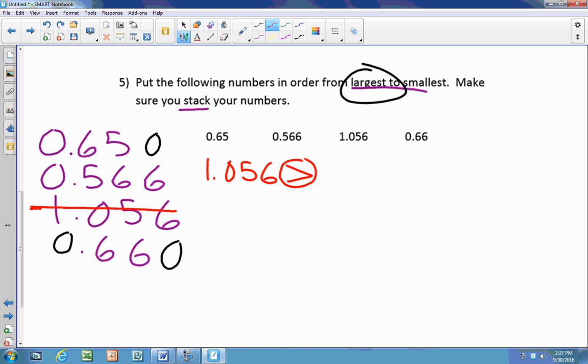Now I want to find the next largest. So I have all zeros in my ones place, so I go to my tenths. I have a 6, a 5, and a 6. So I have these 2 6s, and so after I do my tenths place, I have to look at my hundredths place. This one over here has a 6, this has a 5, so I know that this is the next one that I need to write.